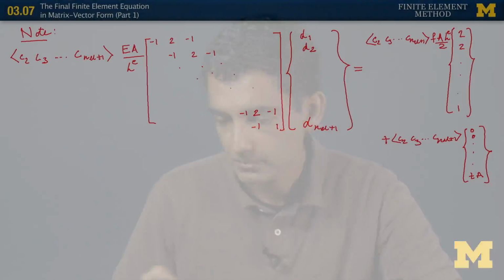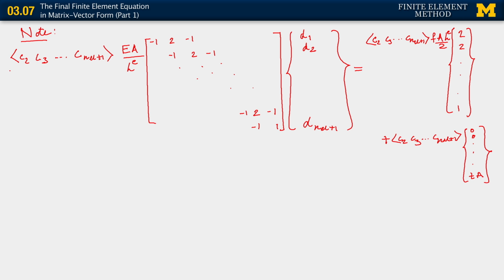Okay, what I'd like to do here now is just pay some attention to the sizes of the relevant vectors and matrices. It should be completely clear, it's pretty much written here, that this row vector has dimension NEL, right?